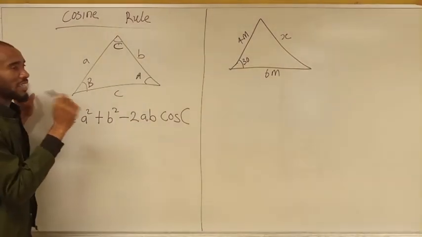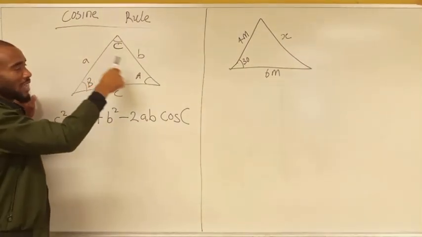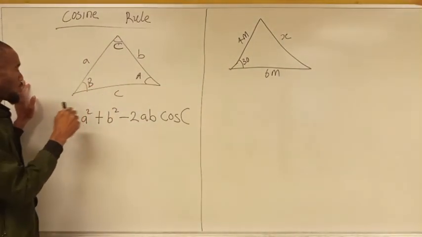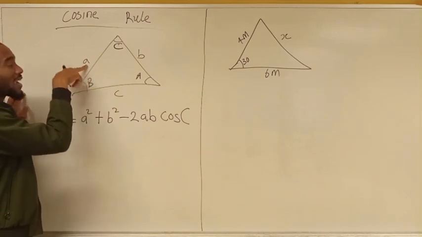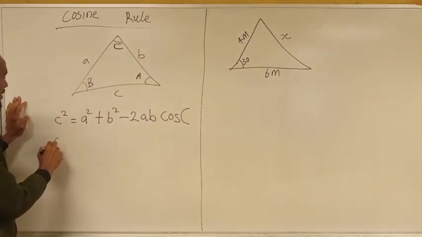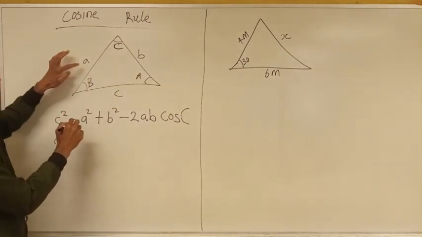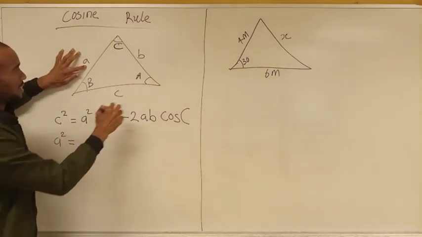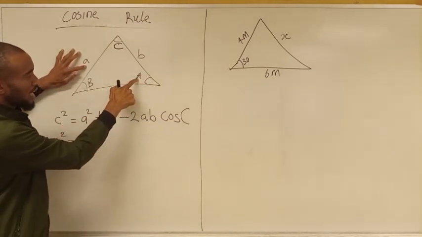So just in case you're looking for any side, let's say we're trying to find a, then a squared must be, if I'm looking for this, that means I'm considering this angle.